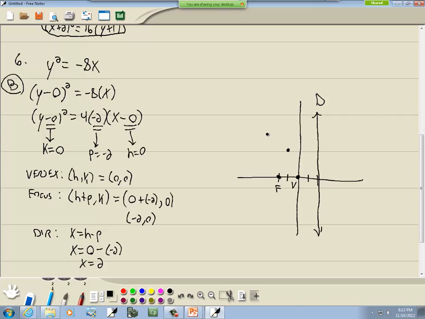Come over here. Maybe right there. Again, I'm eyeballing the distance between this and the focus, and the distance from this to the directrix, and they should be the same. So there's that part of the graph. And by symmetry, this comes down here, looks like that. And those are our answers. And there's my vertex, focus, and directrix, and then our graph. Let's save that.